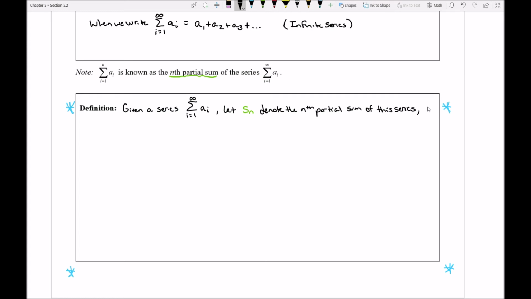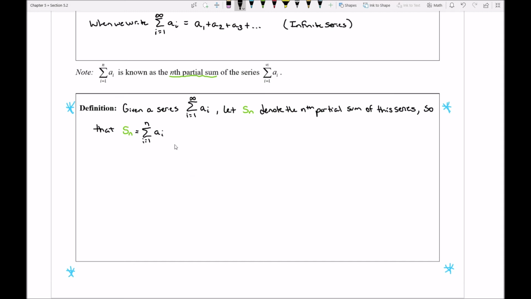And so what that really means is that when I say I'm going to find S sub n, you can think of that as the sum of the first n items out of our original series. That would obviously look like this: I would start at item 1 and add until I hit item n.